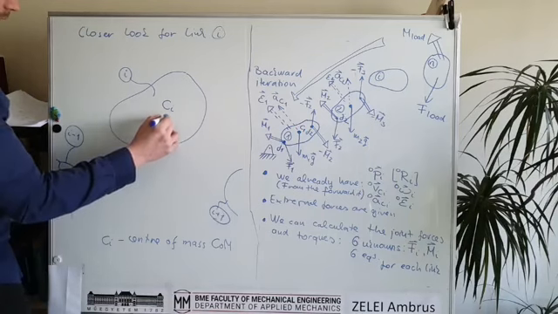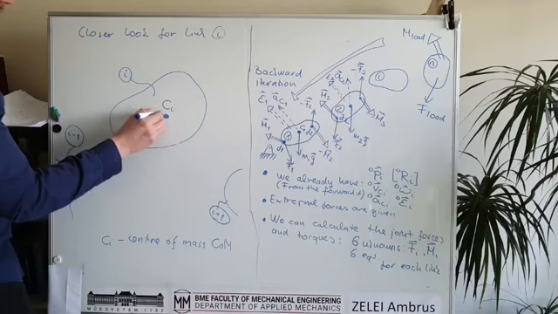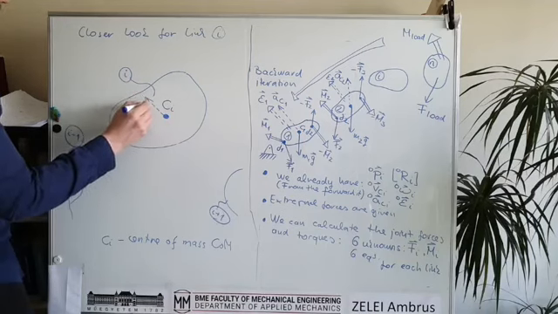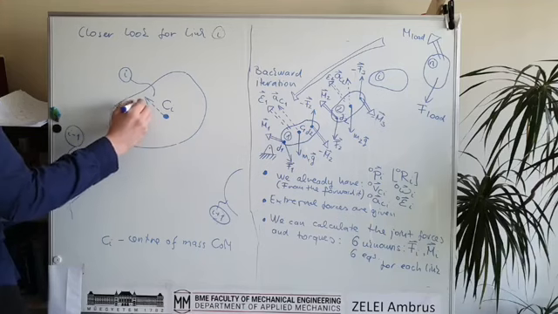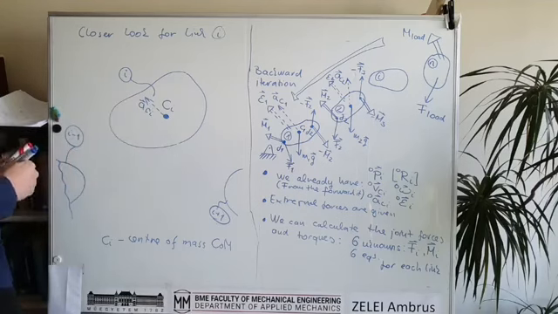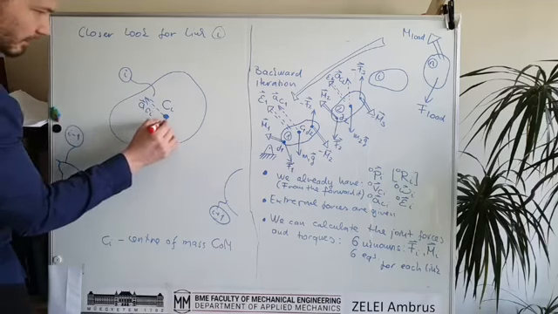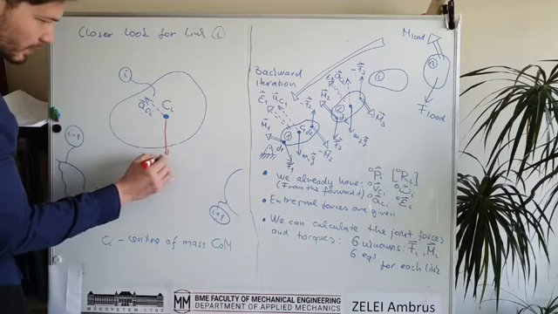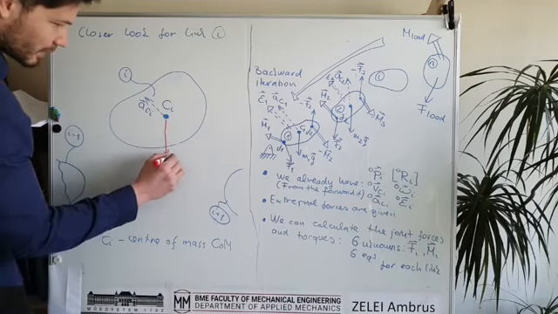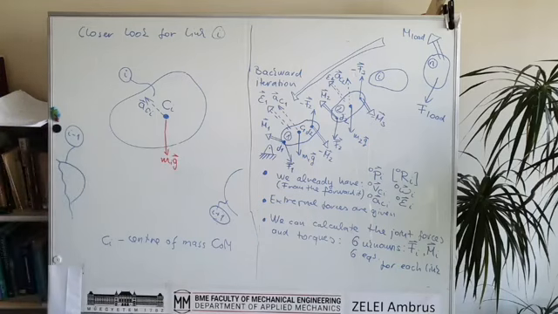And from the forward iteration we know that we have some acceleration, which is Ai or ACi, and in the center of mass there is a force, mass mi times the gravity vector. So this is what we have in the center of mass.